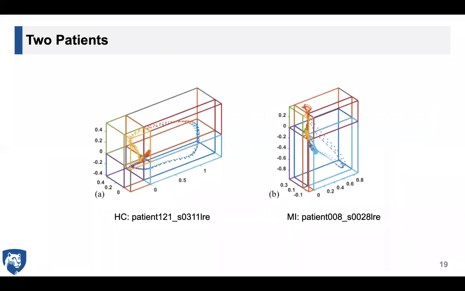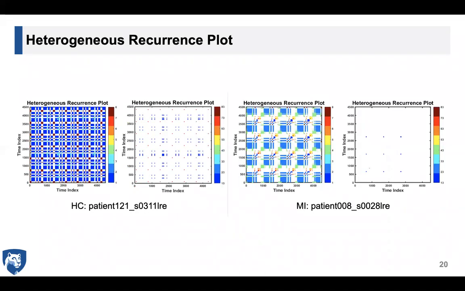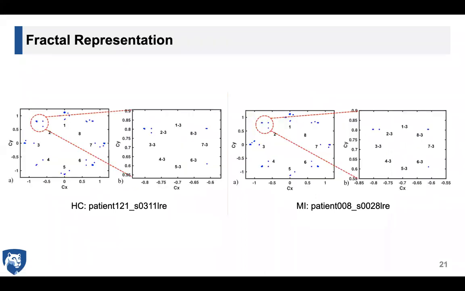Here we use one patient from the healthy group and one patient from the heart disease group to show the procedure of our analysis. As you can see, the heterogeneous plot shows different patterns for the two patients, and the fractal representation shows that there are different recurrence behaviors in their VCG signals.